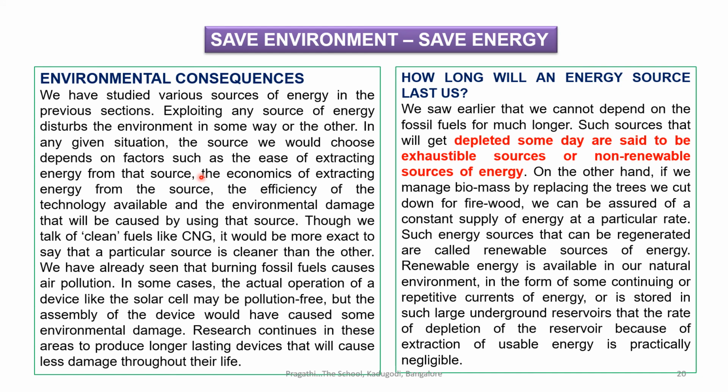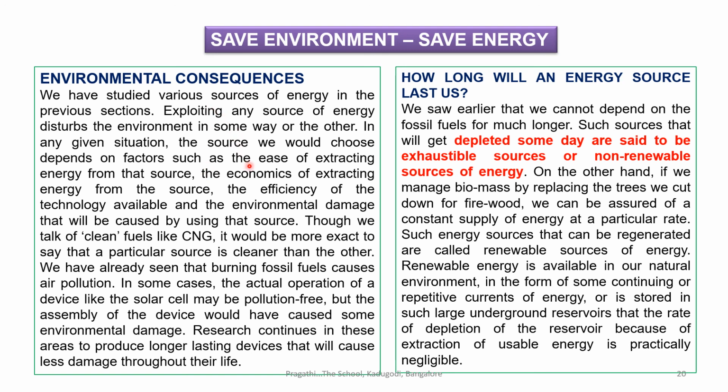During conversion of raw material into the product, what happens? A lot of processes are involved. During those processes, a lot of gases are emitted, a lot of heat is given to the environment, and a lot of damage will happen to the environment. Based on that, we need to be very careful and we need to save our environment.